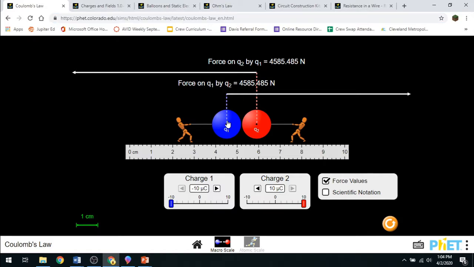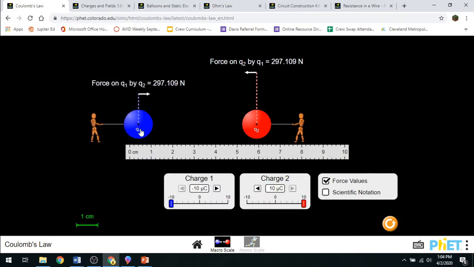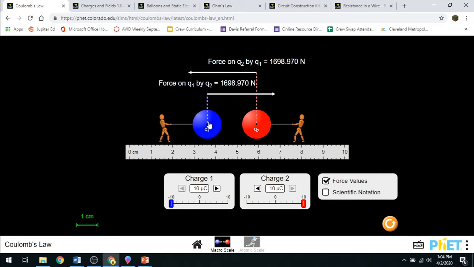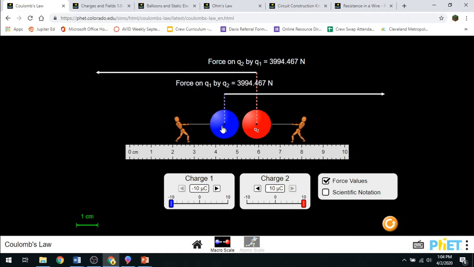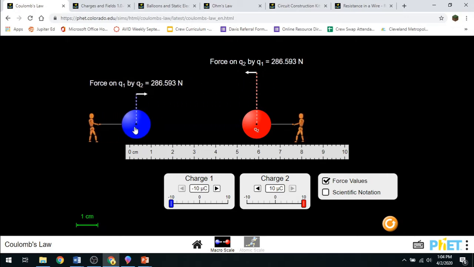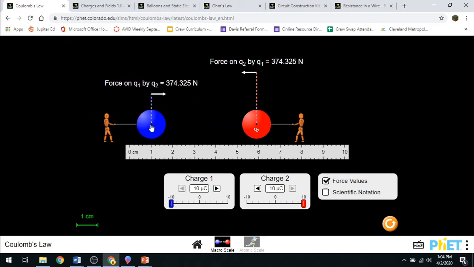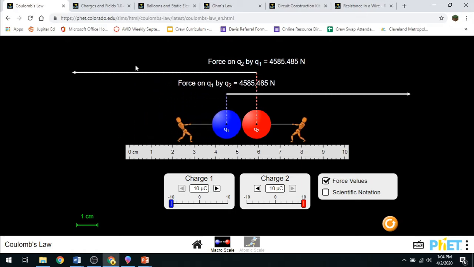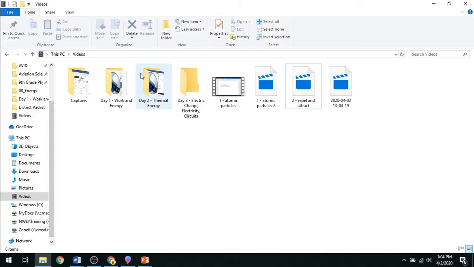If you notice, as we move the particles closer together, the forces that are attracting each other go up. They get stronger. If they're far away, there's not much attraction, but as they get closer, they attract more and more. We call this an electric field.